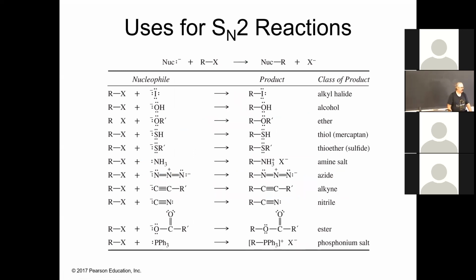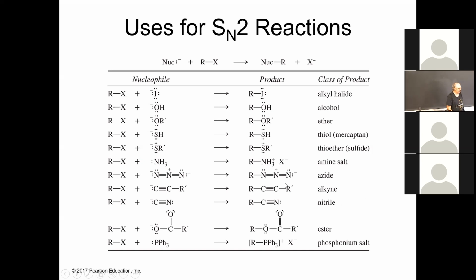SN2 reactions are very useful. This is just a partial listing. We can make so many different functional groups, starting with alkyl halides. We can make other alkyl halides, for example, alkyl iodides. We can make alcohols, ethers, thiols, thioethers, amine salts, azides.